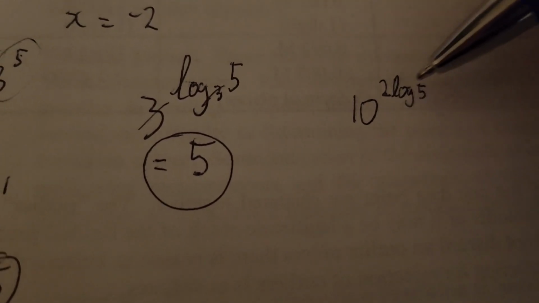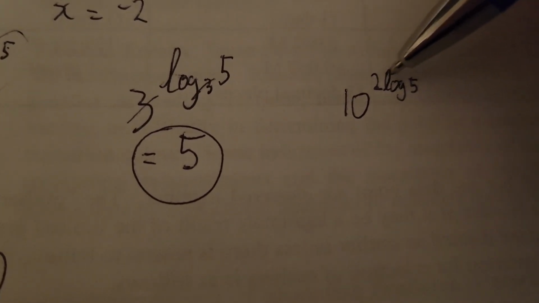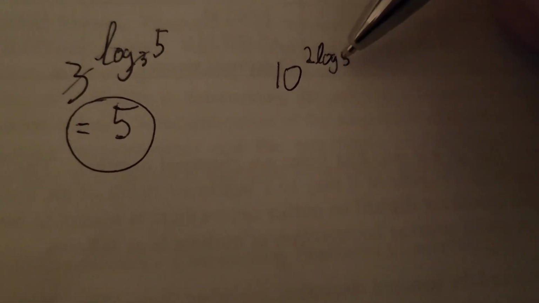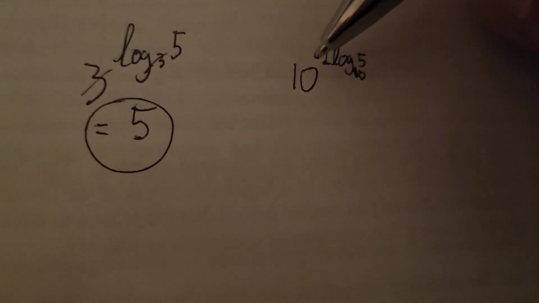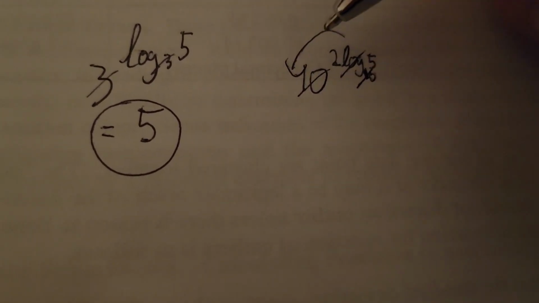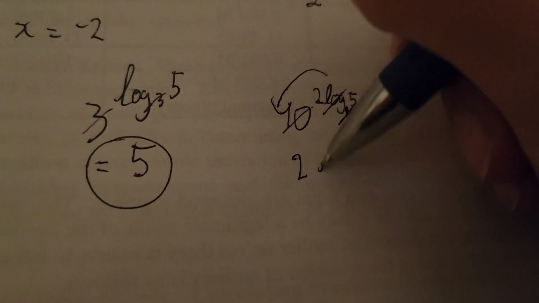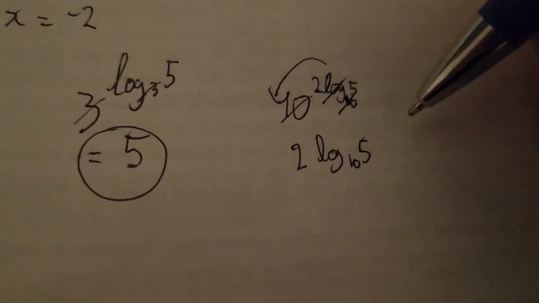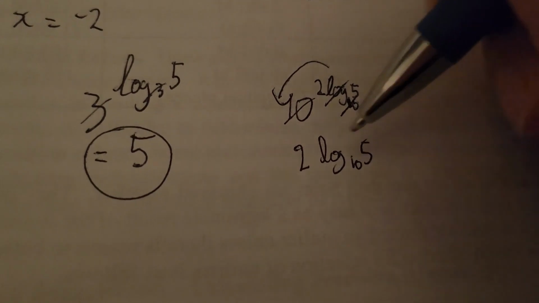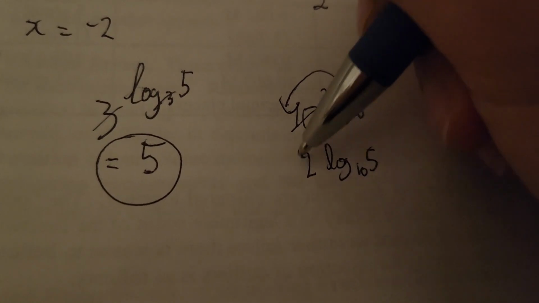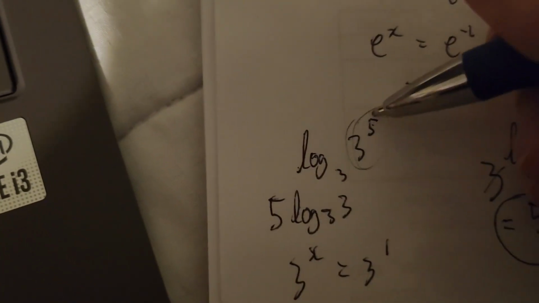And then here we have 10 to the power of 2 times log base 10 of 5. For this one, since it's log base 10, we know that these would also cancel out. And the log just disappears. And then everything just goes down, okay? So now we just have 2 times log 10 of 5, right? And you already know that the log 10 cancels. But before we do that, we have to use a log rule where, remember, here we brought the exponent down.